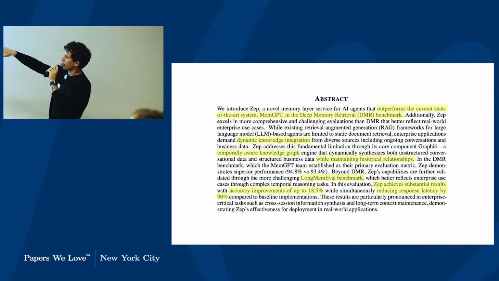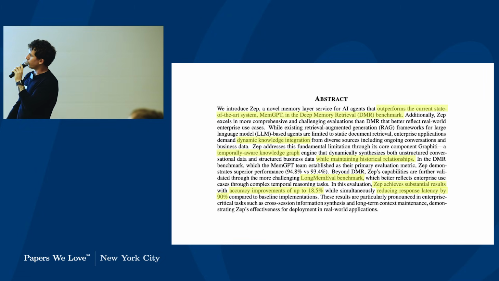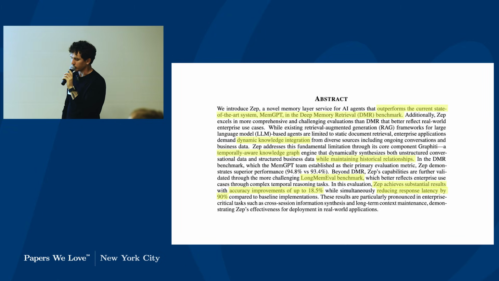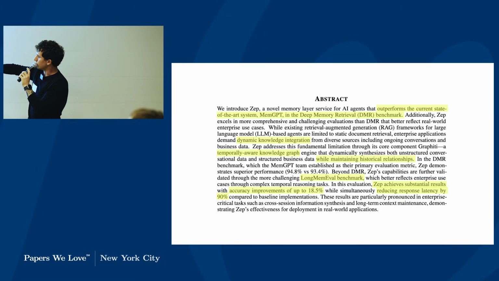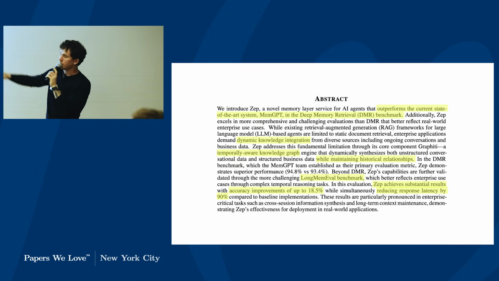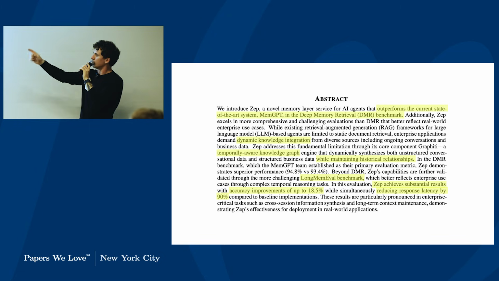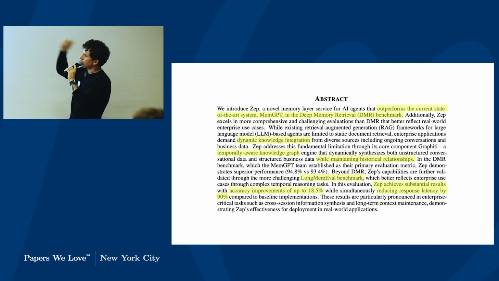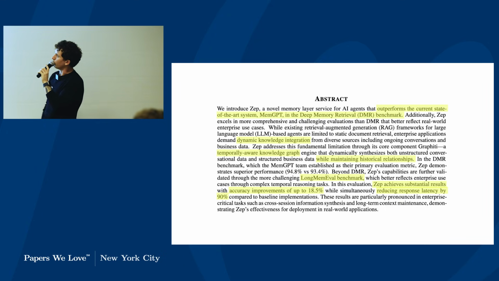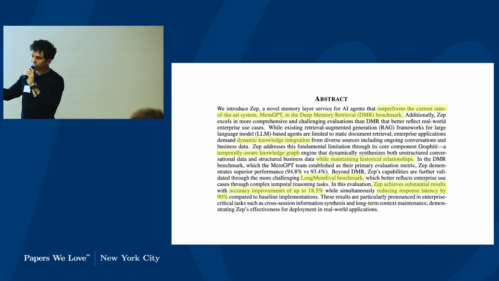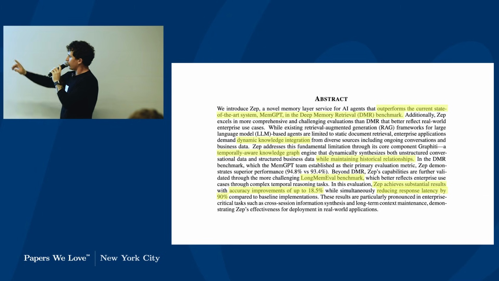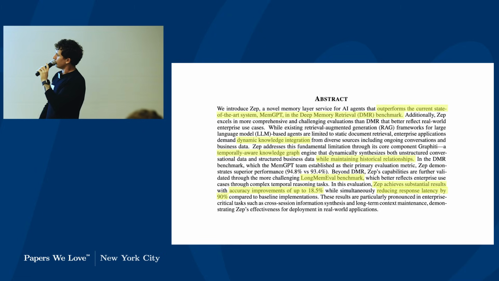So we do dynamic knowledge integration. It's a temporally aware knowledge graph that maintains historical relationships, and we're going to see how here in a little bit. Also, they use the LongMemEval, which they assert is more accurate and more relevant than the DMR, Deep Memory Retrieval. We'll look at that a little bit. And they do well on that LongMemEval benchmark.